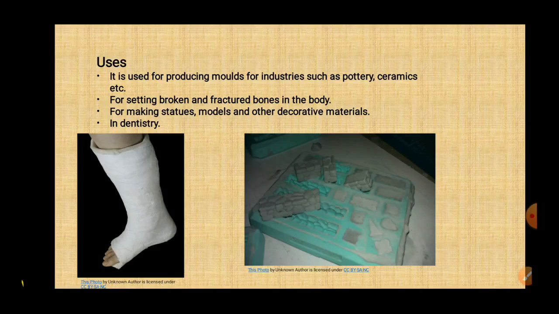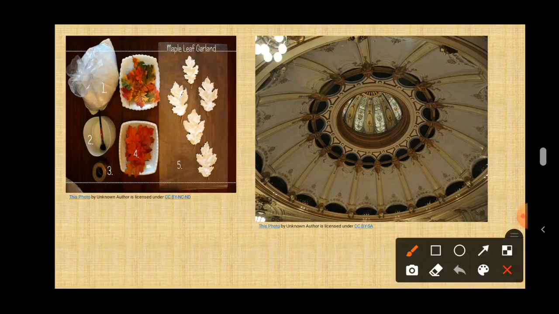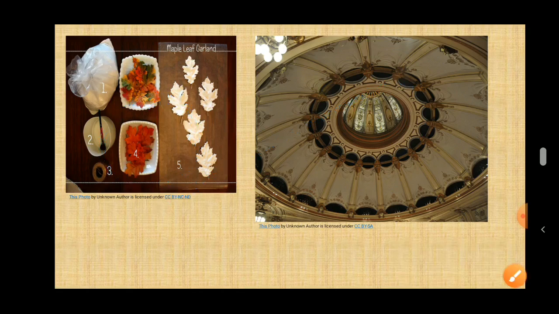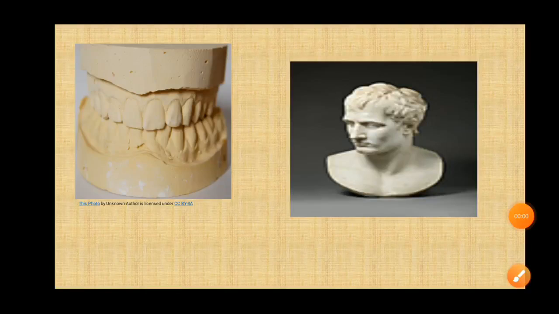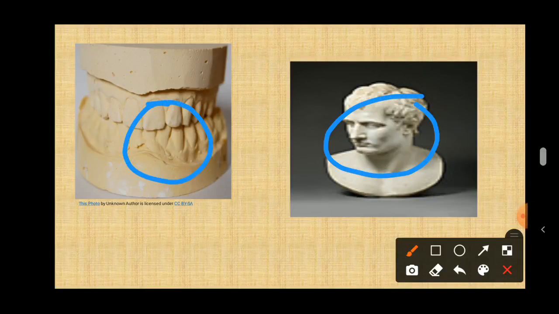It is also used for making statue models and other decorative materials, and even in dentistry. You can see the uses of POP.